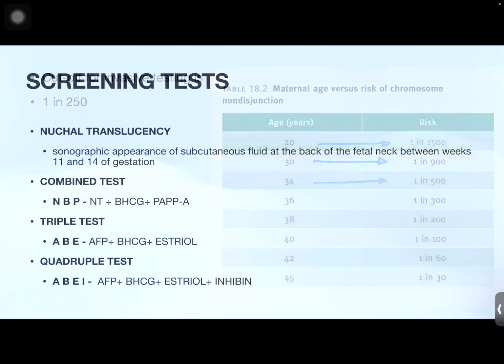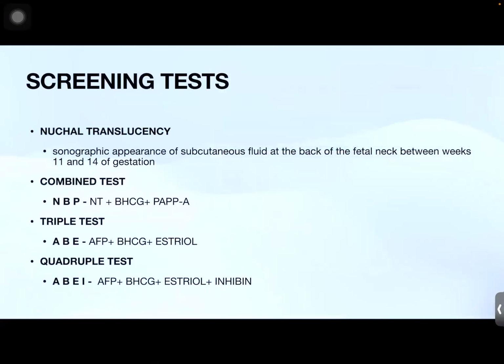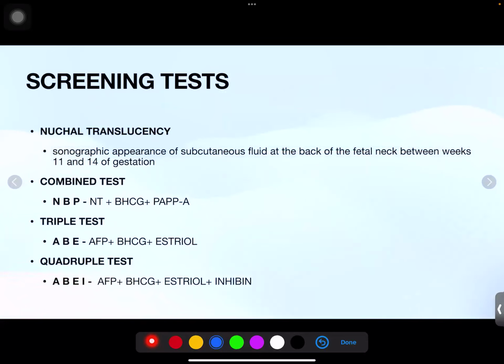Okay, then moving on to other screening tests, what we do for the screening of these aneuploidies. Screening actually starts from the first trimester. You all know the first trimester is up to 13 weeks of pregnancy.